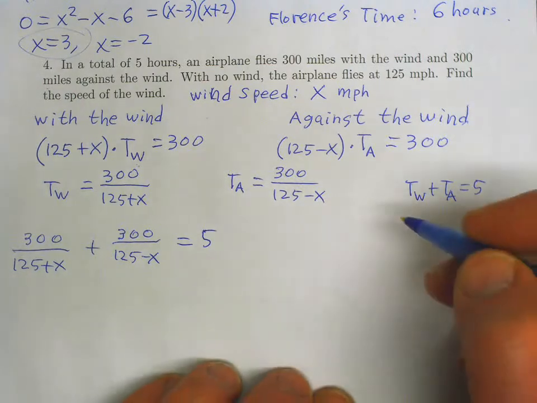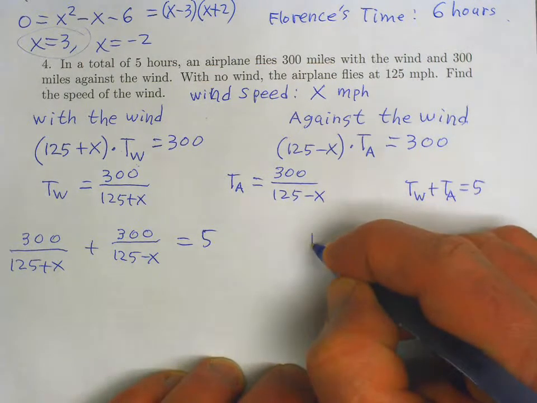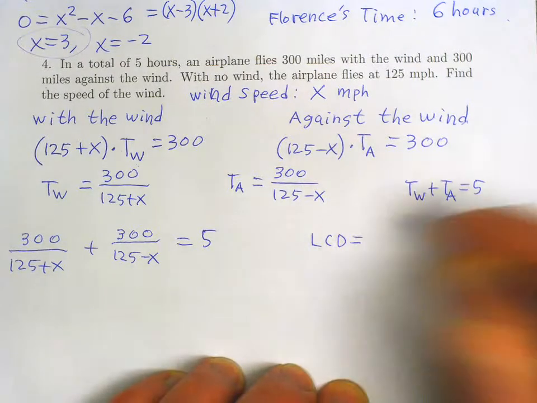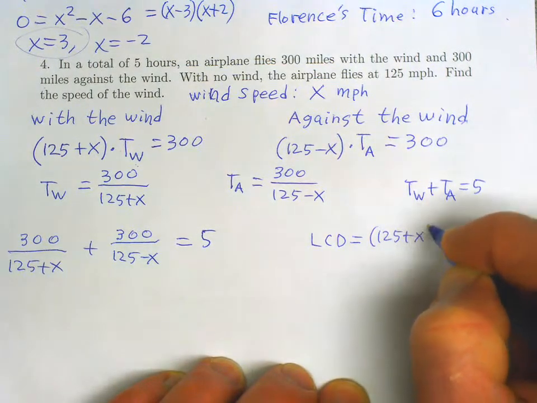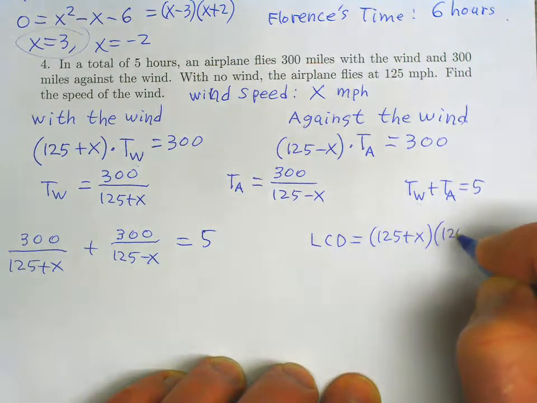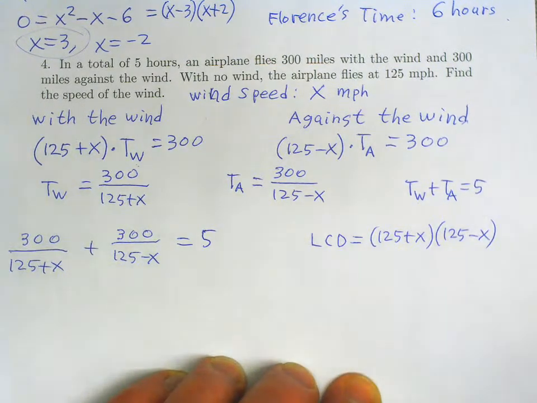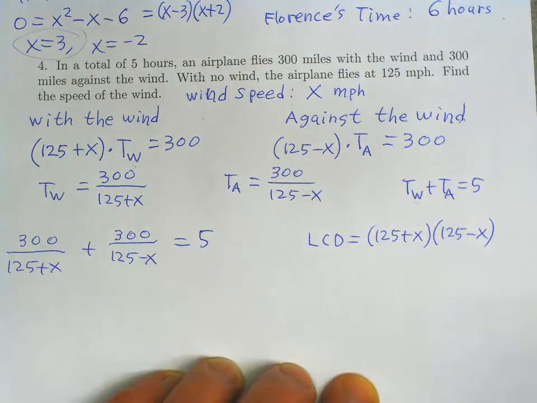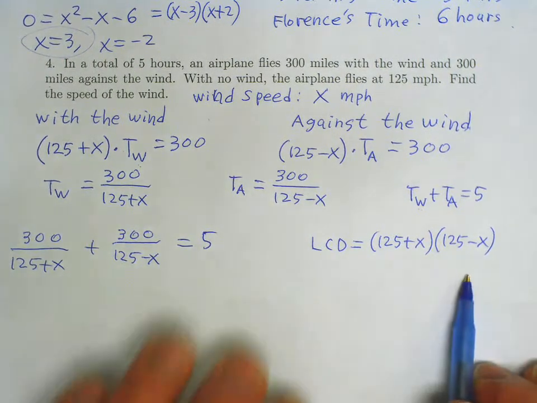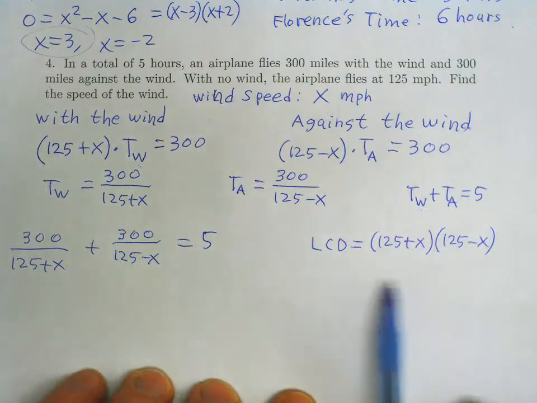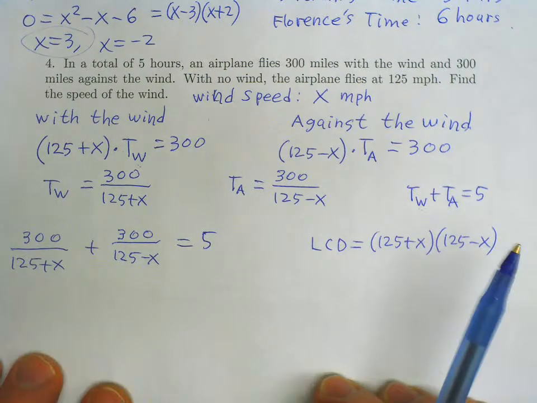The least common denominator is 125 plus x times 125 minus x. Okay, with a calculator, this isn't going to be much of a problem.